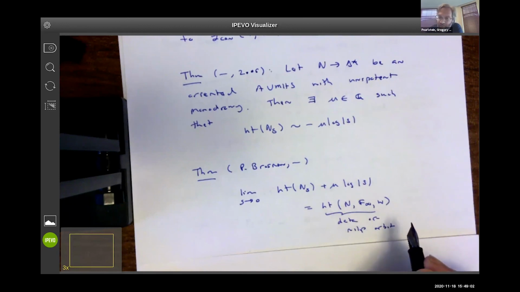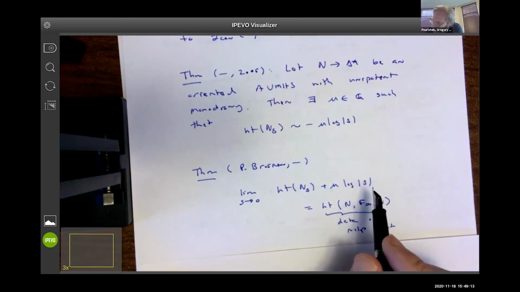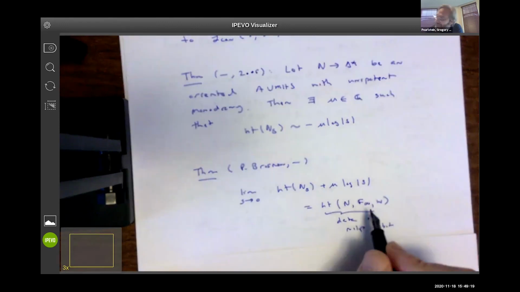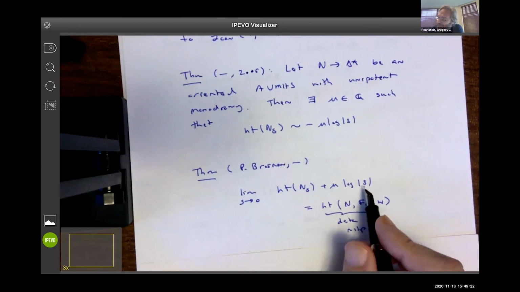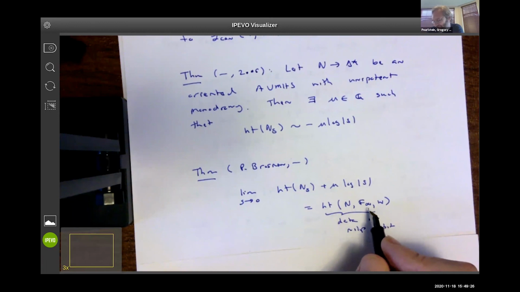And now you might complain that this side over here looks like maybe it depends on the local parameter S, but the choice of local parameter S also determines what the F infinity is that goes here.